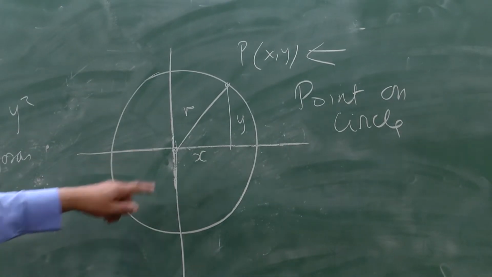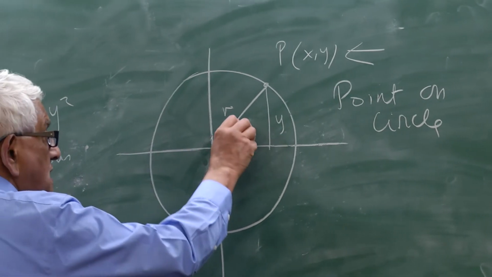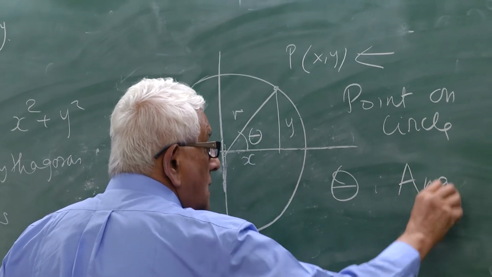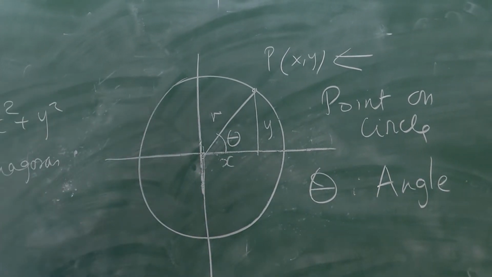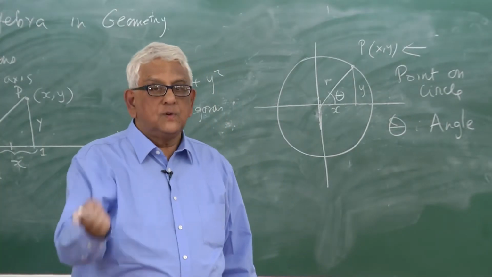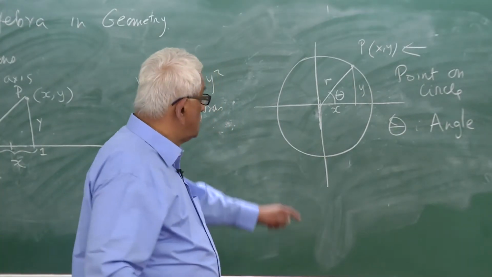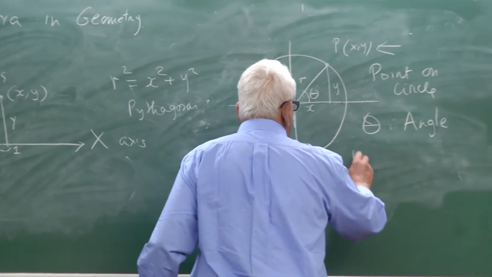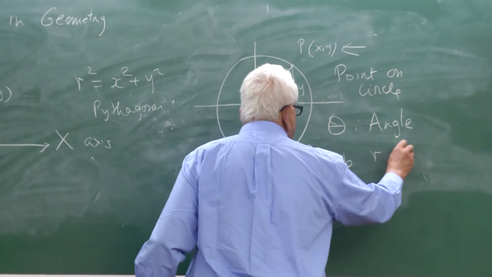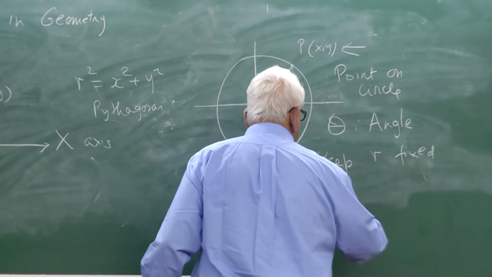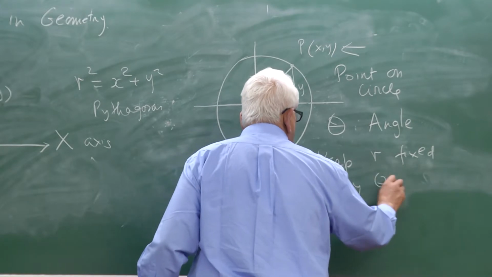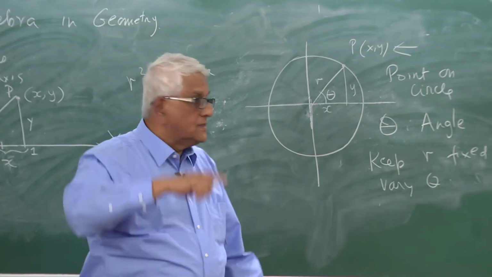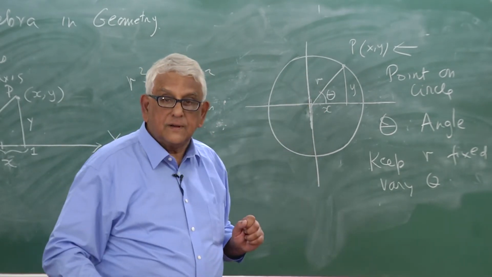Well, we know that if I introduce an angle theta, right? So in geometry we have the notion of angles, and we talked about pi as a total thing. So if I keep r fixed, vary theta, then I move along the circle, right?